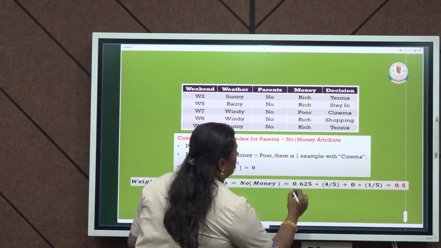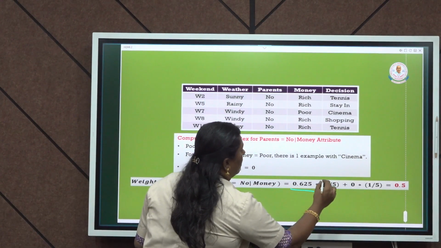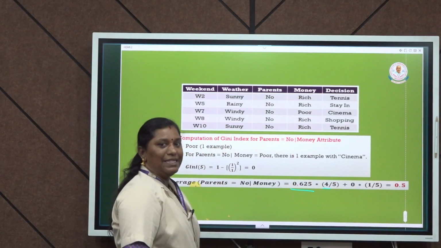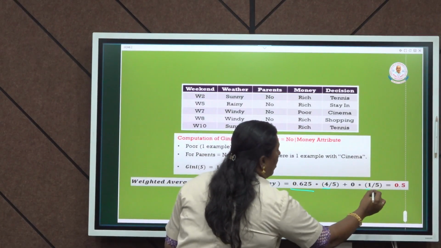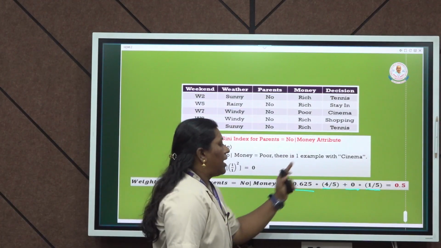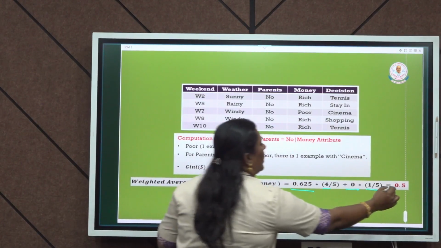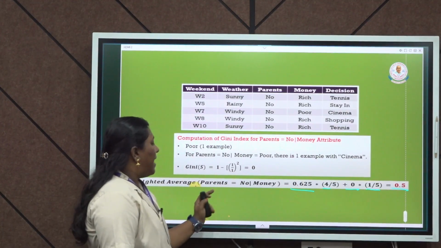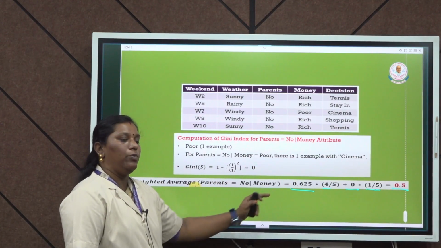For rich, 4 instances are there out of 5 instances, and one is poor out of 5. While calculating this, we will be getting 0.5 as the outcome when the parent is equal to no and the attribute is money.